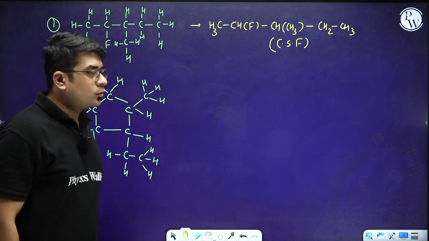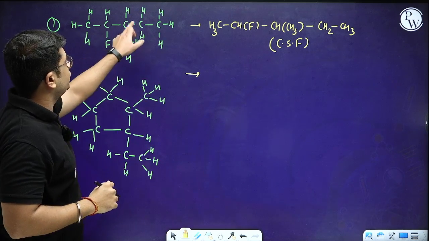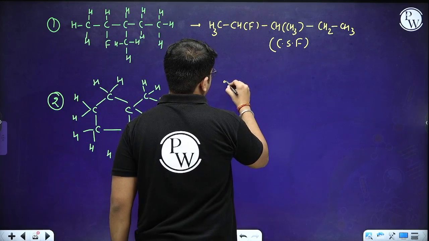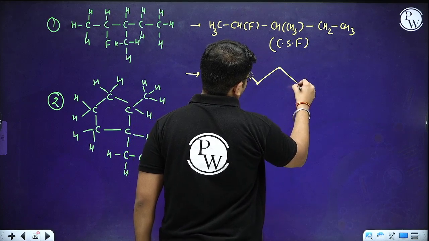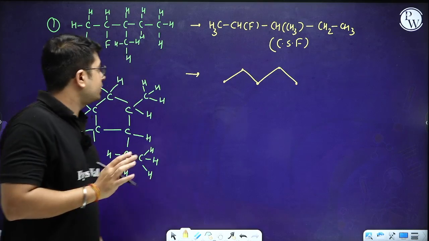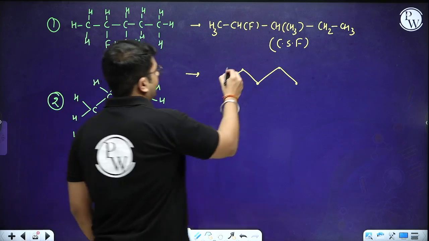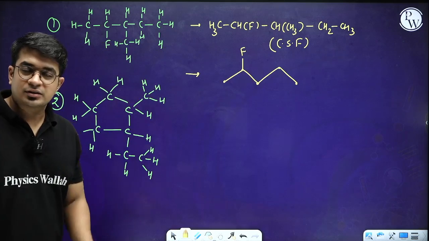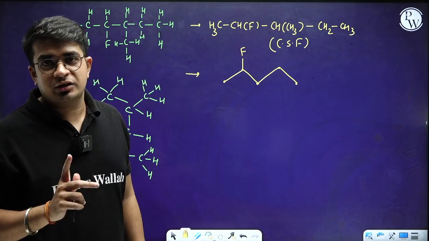What about the bond line notation? In this case, 1, 2, 3, 4, 5: five carbons are there. On the second carbon, you have one fluorine. You need to represent that fluorine also because it's a heteroatom. There is no need to show the hydrogen bond, but you have to mention the heteroatoms.